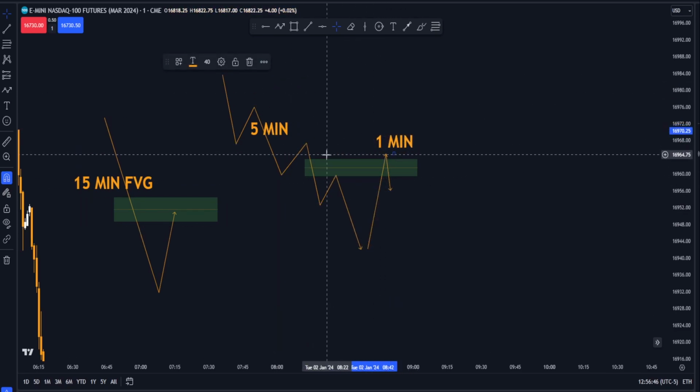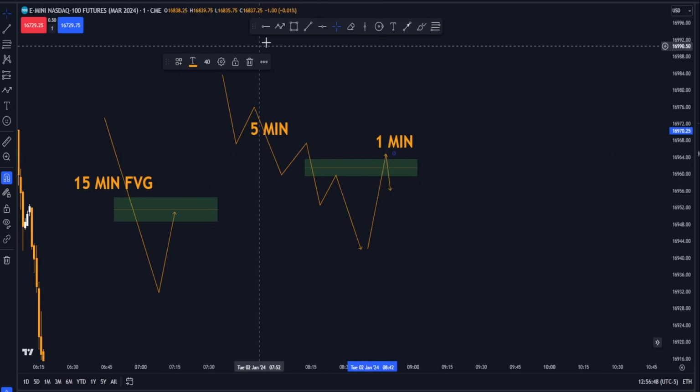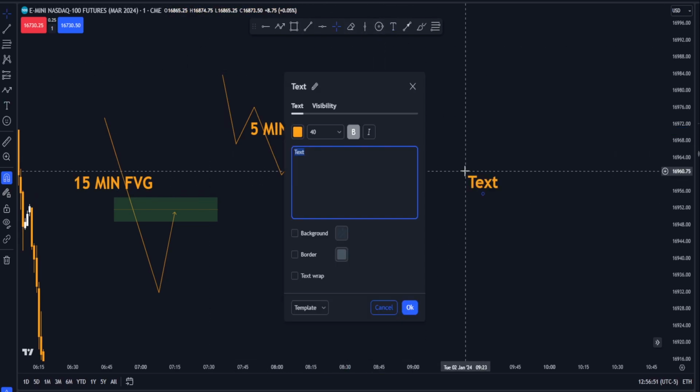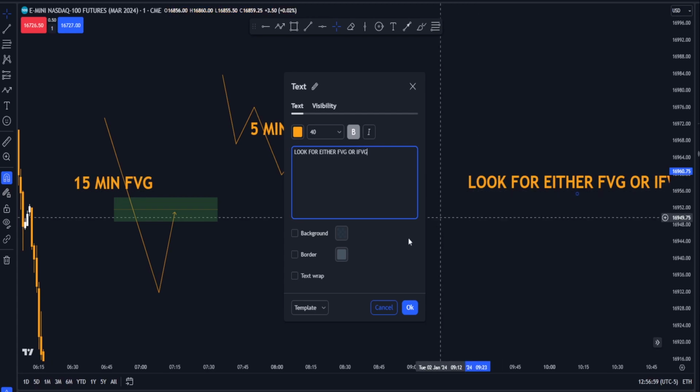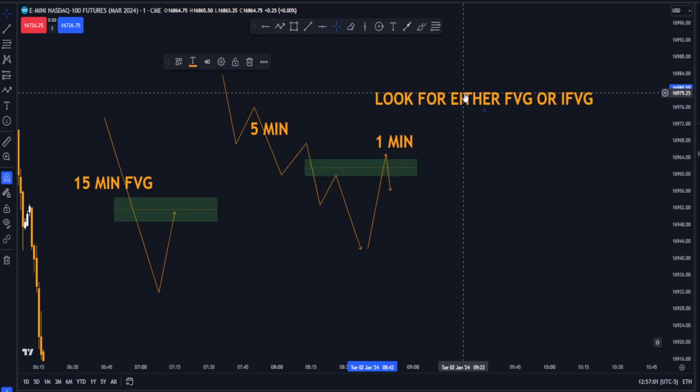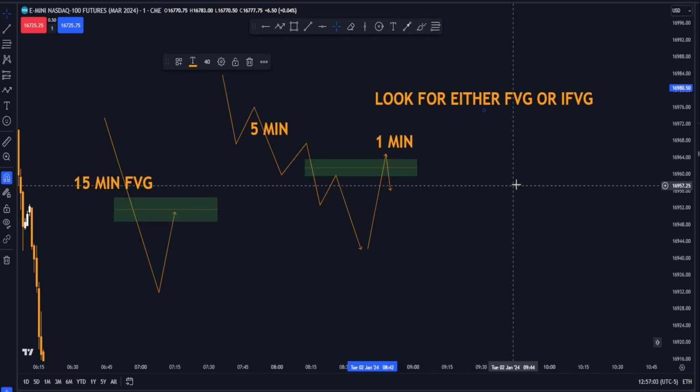So we go into this fair value gap, we go down, and now I look for either a fair value gap or an inverse fair value gap. It's very simple what an inverse fair value gap is. I'm going to just tell you right now.